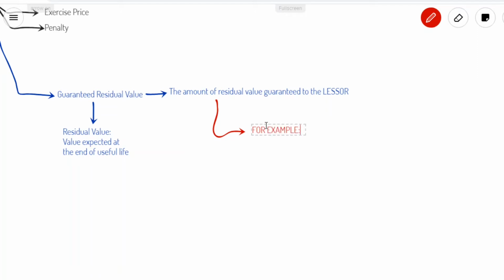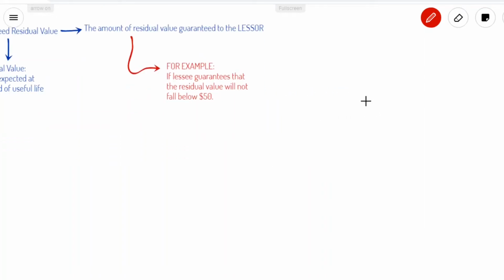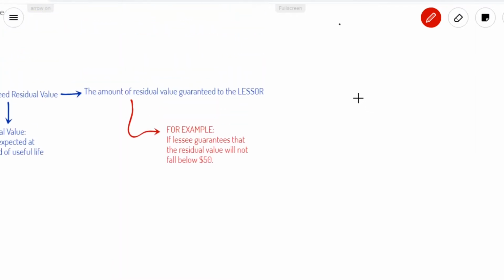For example, if the lessee guarantees that it will use the asset so properly that at the end of the lease term, the residual value would be at least $50, and for that, the lessee also provides a guarantee that if the value falls below $50, the lessee will make the remaining payments.